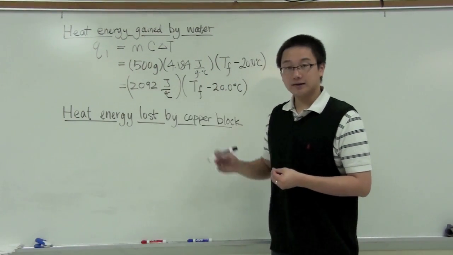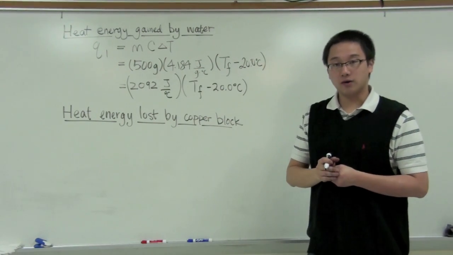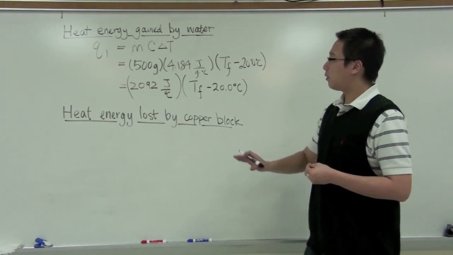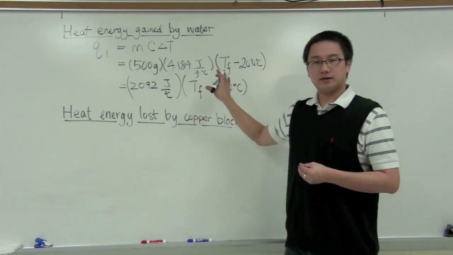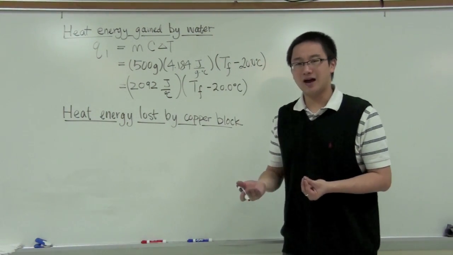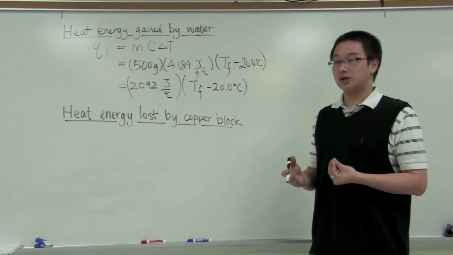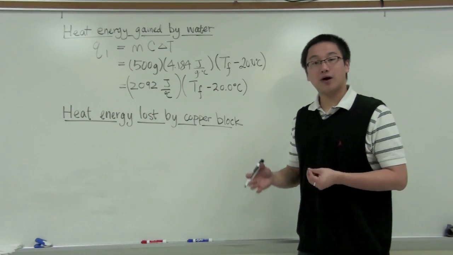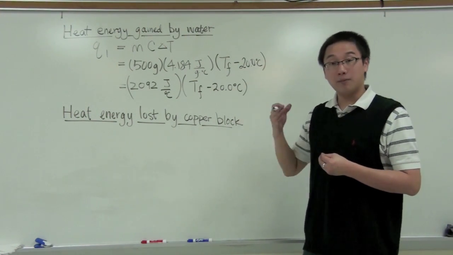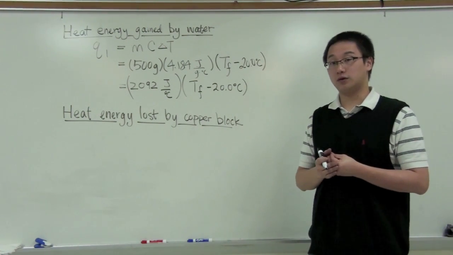The unit is slightly different from before because the grams cancel out. We are going to leave it like this because we cannot find out what T_F is at this stage. We will find out the final temperature when we finish this part and make use of the equation that we mentioned in the previous tutorial.